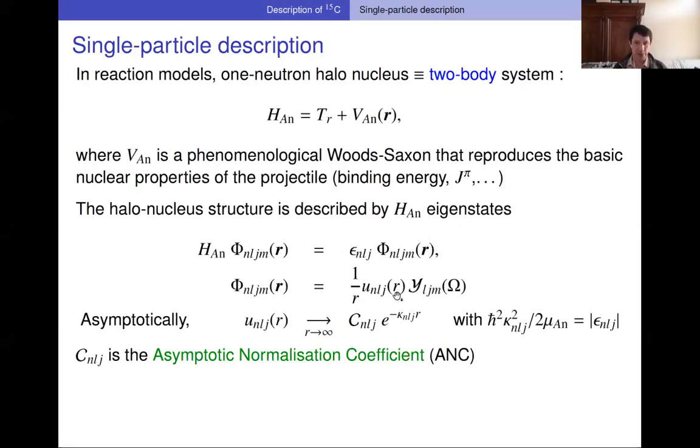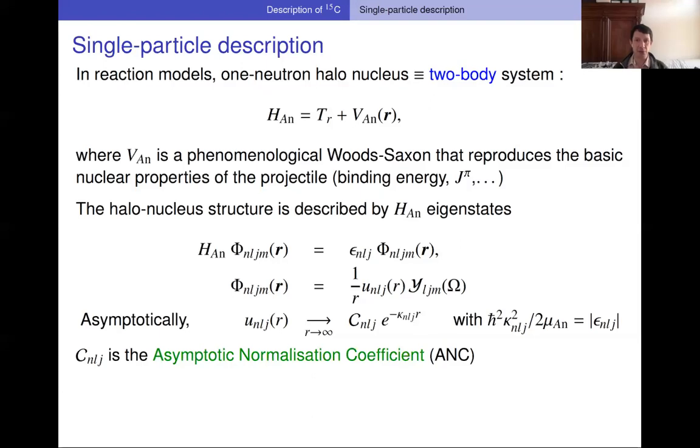In partial wave LJM, the radial wave function has this famous exponential decay at large distances, and the normalization of that decay is the asymptotic normalization coefficient, in short ANC. It characterizes the strength in that tail, the magnitude of the halo: the higher it is, the higher the probability of the neutron being in the halo.